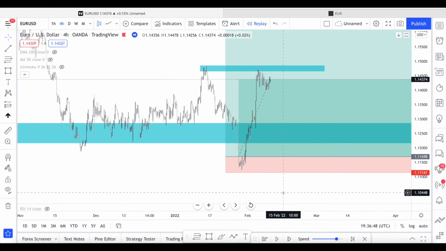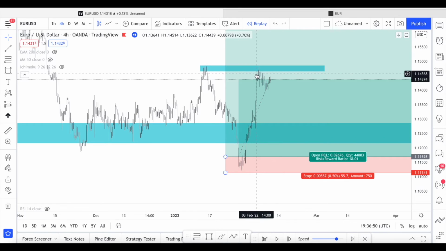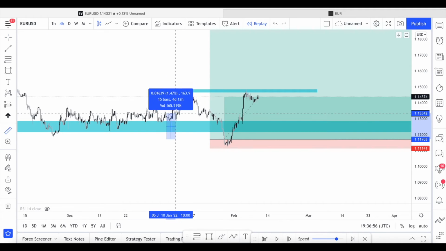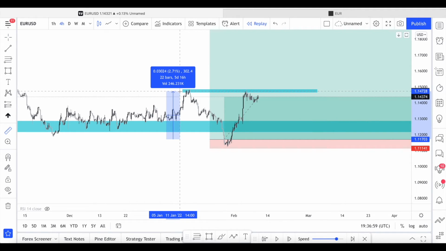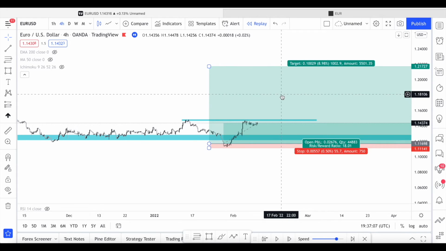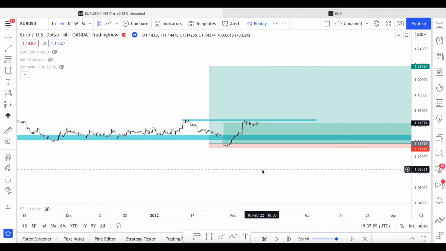There we go. This is where we are sitting currently. We've hit our target number 1, which is fantastic. So from this relatively straightforward move, we've made a total of 302 pips, and our overall target is way up at the top for an almost 1 to 20 risk to reward. 1 to 18 risk to reward is what we've got in at the moment.